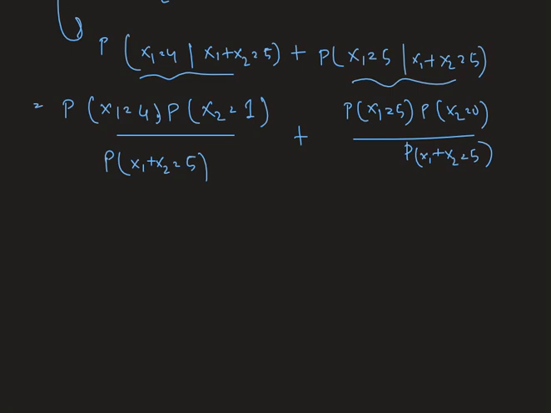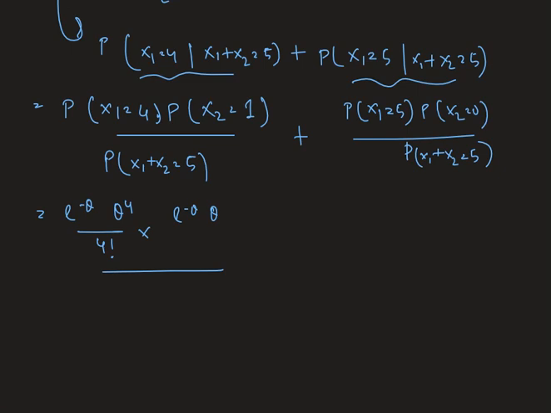Now, all these random variables are Poisson theta, therefore we just need to replace these probabilities by their corresponding values. As we already know the PMF of Poisson, probability x1 equals 4 is e to the power minus theta, theta to the power 4 divided by 4 factorial. Probability x2 equals 1 means e to the power minus theta, theta.